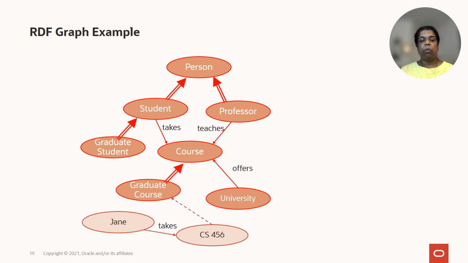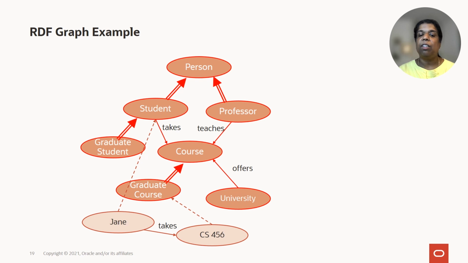So this captures information about what happens in a university context. So when you have a new student coming in, Jane, who takes course CS 456, which is a graduate course, you can derive automatically, using rules that are part of the RDF standard, the fact that Jane is a student, because Jane is taking a course. This course is a graduate course. A graduate course is a type of course, and students take courses.